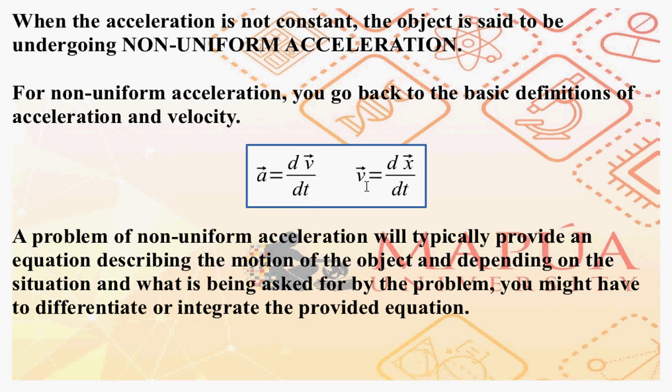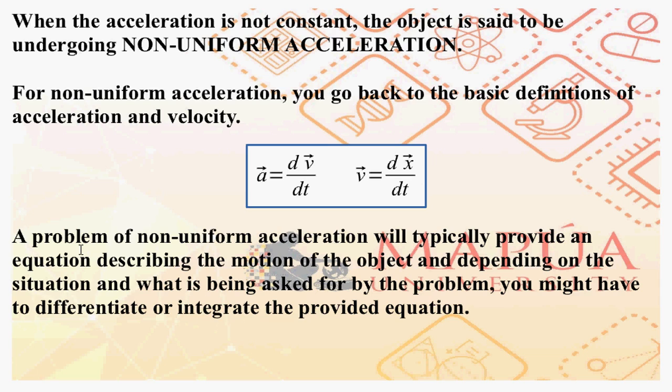Velocity is the rate of change of position with respect to time: v is equal to dx over dt. So these are the two basic definitions, and you use these two equations when you have non-uniform acceleration. Depending on the problem, you might have to either differentiate or integrate.